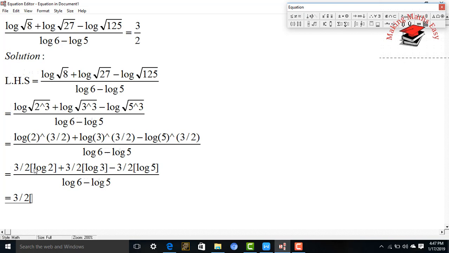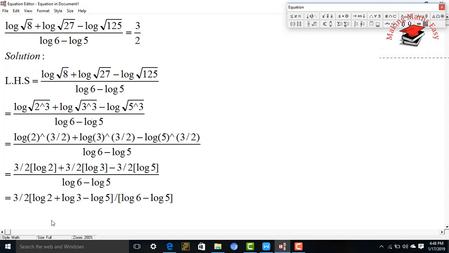Take a big bracket and write log of 2 plus log of 3 minus log of 5 and close the bracket, and divide this whole thing by, take another bracket, log of 6 minus log of 5.